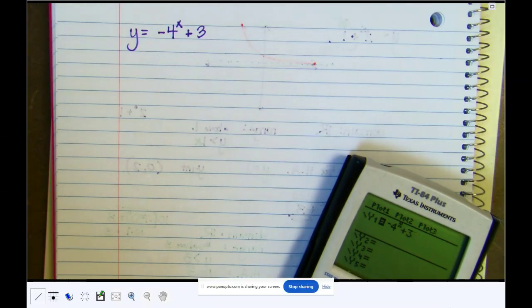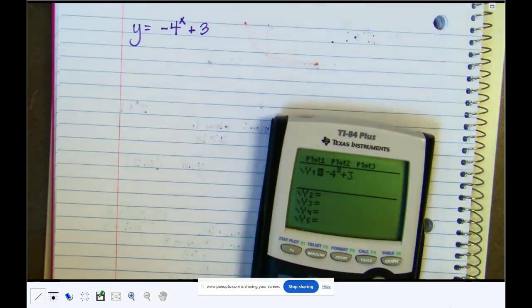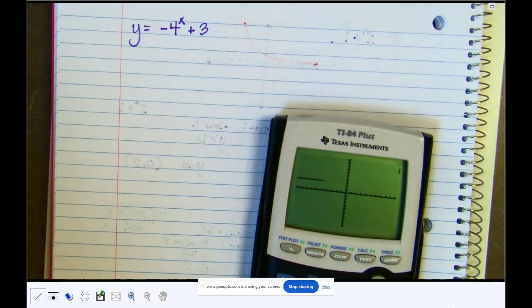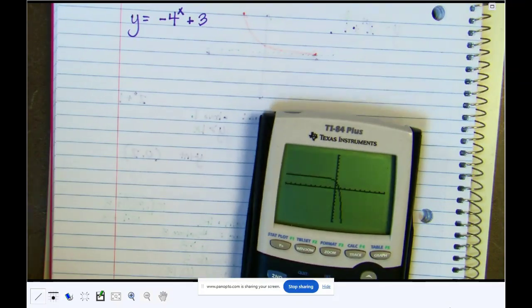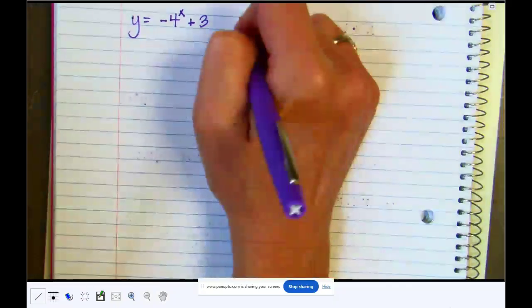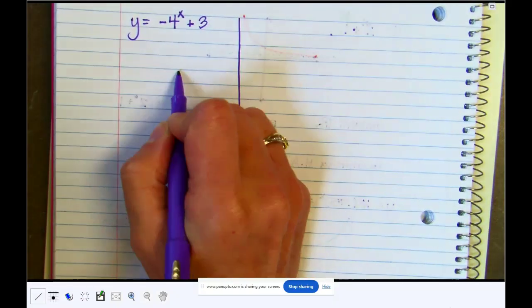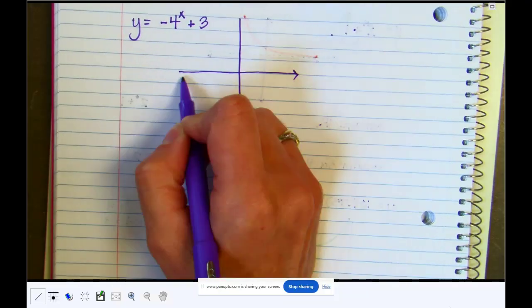Make sure your plus 3 is not in the exponent. That does something different. Okay, got a different looking graph this time. Which is why we're doing this one and one more, because we'll switch it up a little bit.